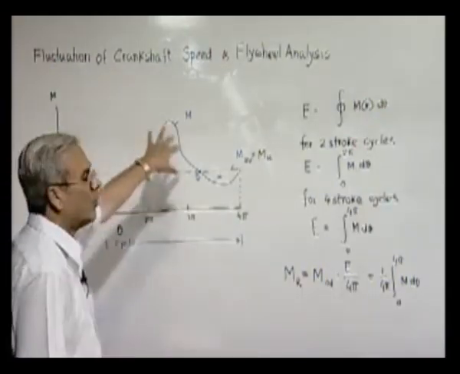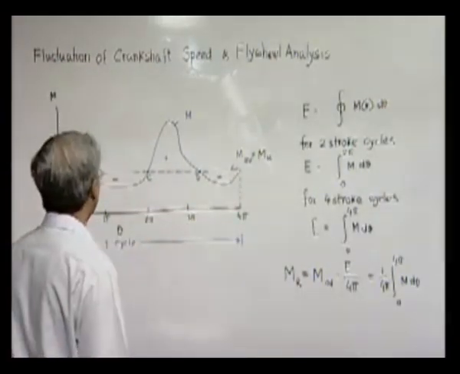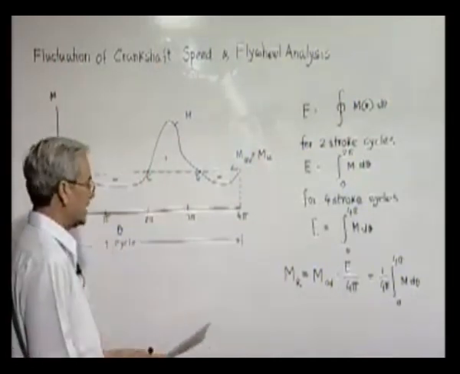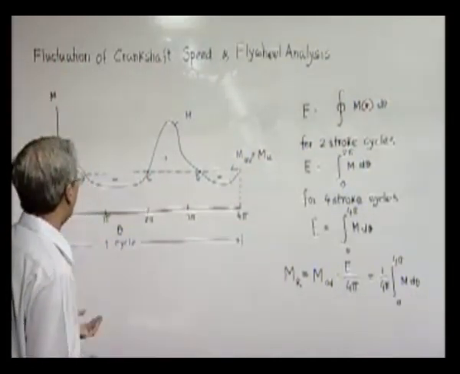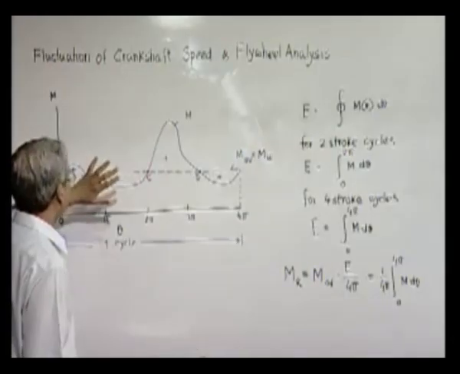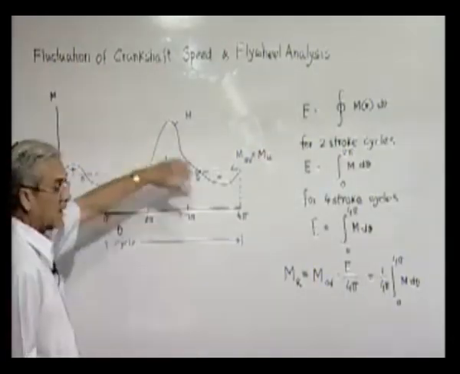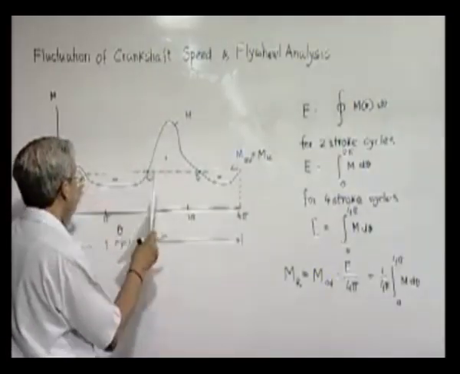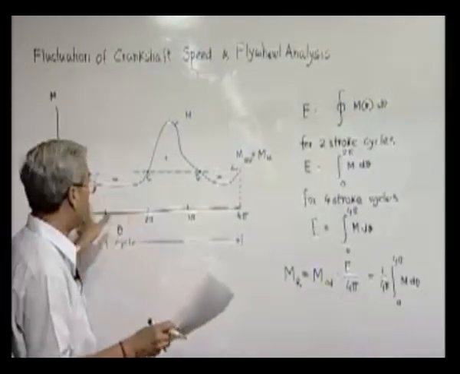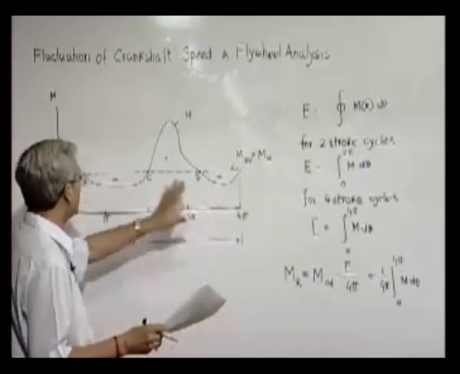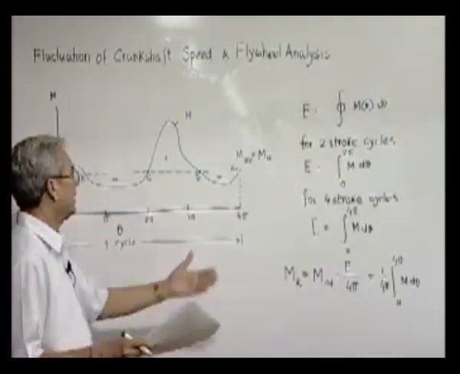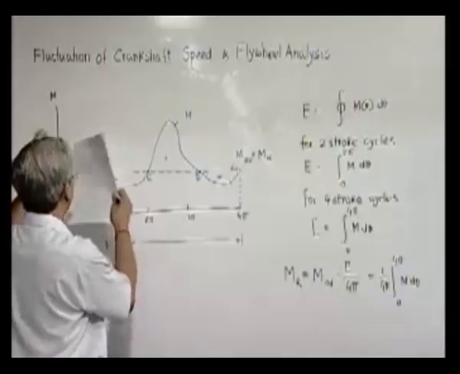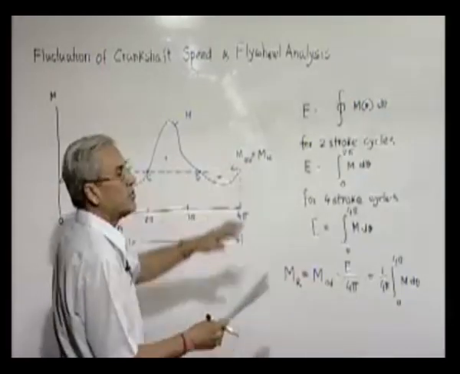It can have many more lobes and be different, because remember this is a case of a single cylinder engine. If we have more than one cylinder, then what will happen? The turning moment diagram of one cylinder and that of the other cylinder will have to be superimposed with a suitable lag. In case of two engines, obviously they will be separated by a 2 pi angle, and so the final turning moment will be a superimposition of the data.